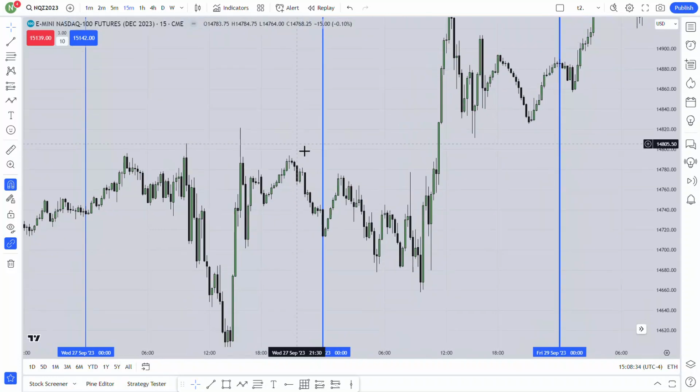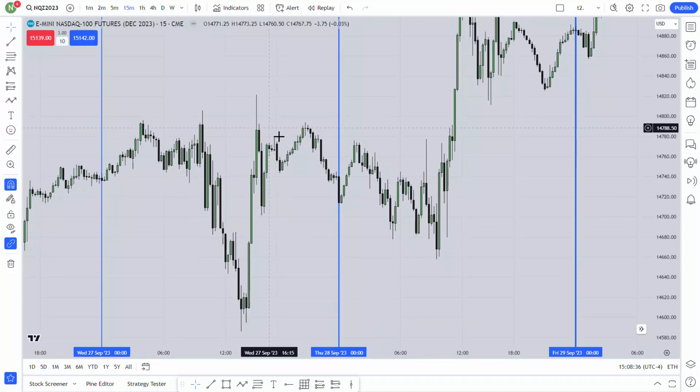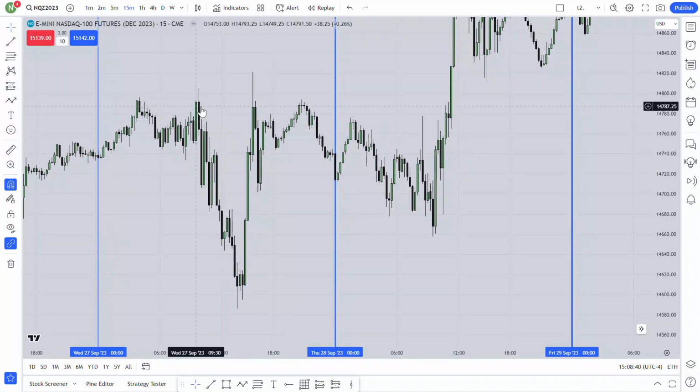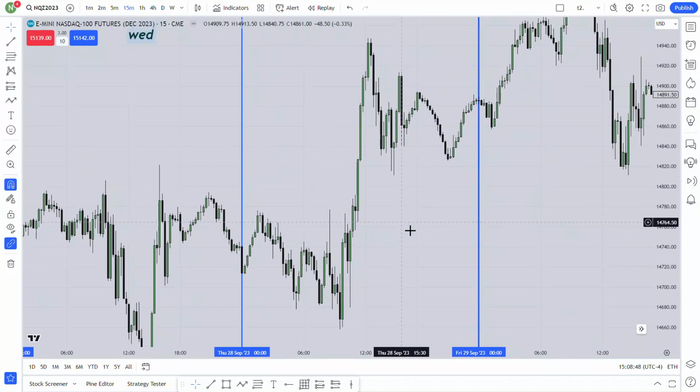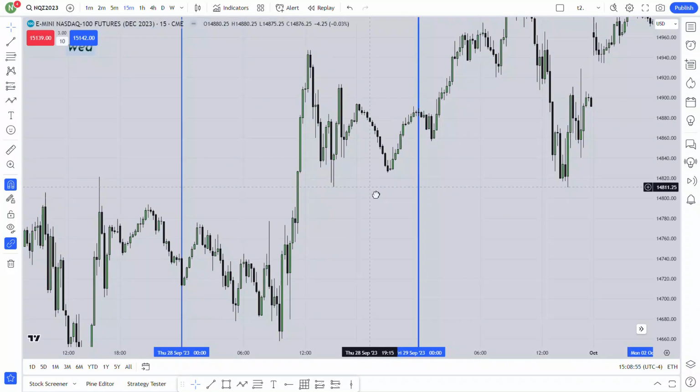Trust me, though our analysis was telling us that the market will go lower, this time it has done its job over here. On Wednesday it went lower and then it started to go higher. It happens, guys. Sometimes our analysis won't work perfectly, okay? So you have to accept that.